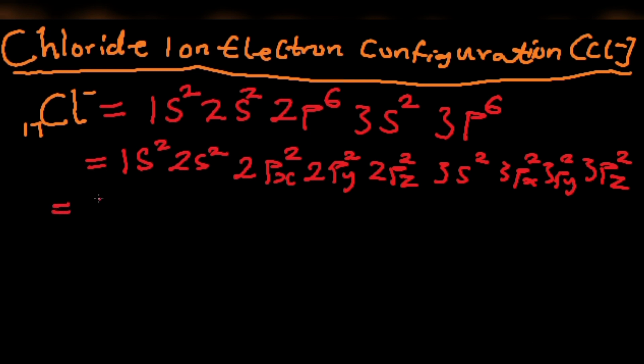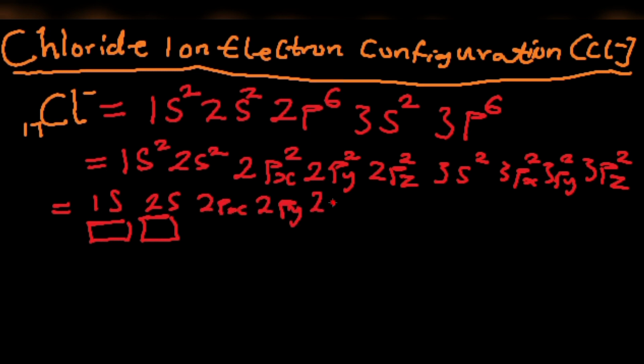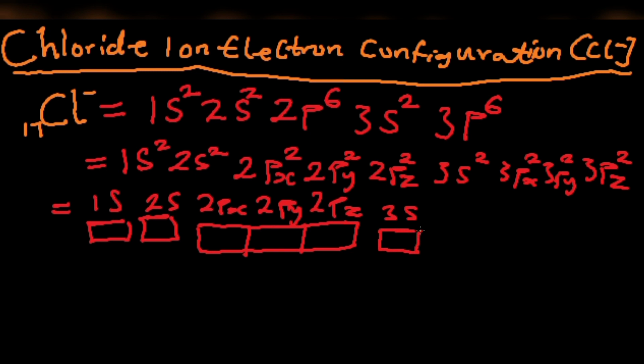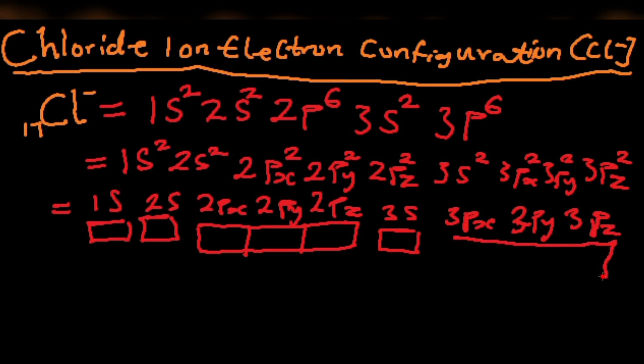All right, let's proceed to the orbital box notation. We have 1s, draw a box, 2s, 2px, 2py, 2pz, so degenerate. Then we move on to the 3s, then 3px, 3py, 3pz. Divide them.